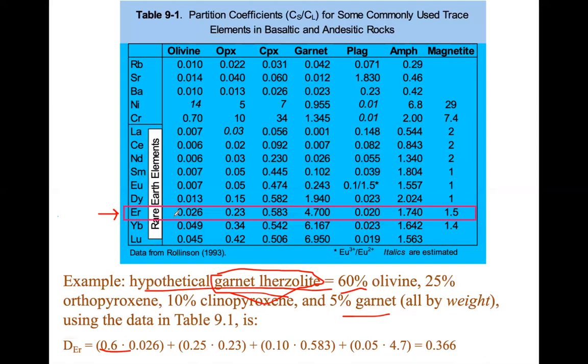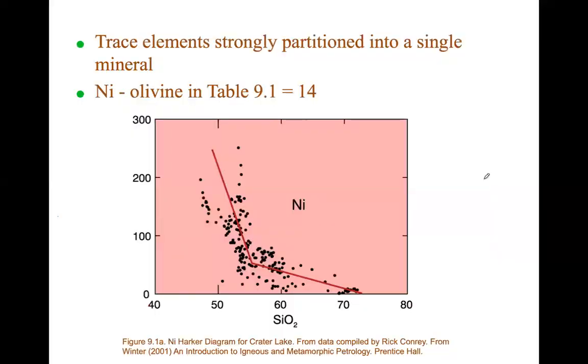So let's see, 0.026 multiplied by the modal percentage, right? So the total addition will give you the bulk distribution coefficient for that particular element for the given rock. This is how it's calculated.